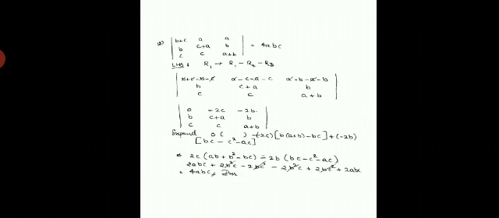Here you have to use the operation as R1 changes to R1 minus R2 minus R3. You have to reduce any row or any column.